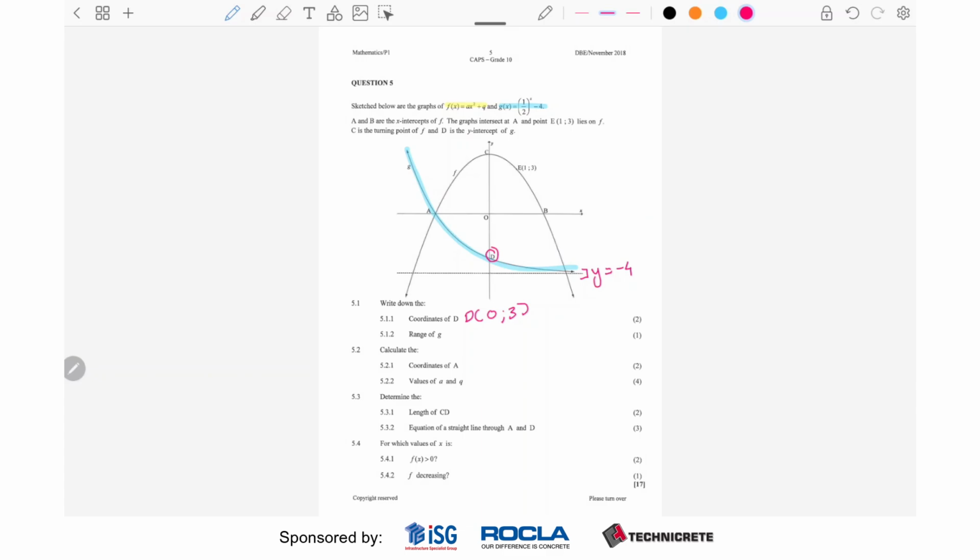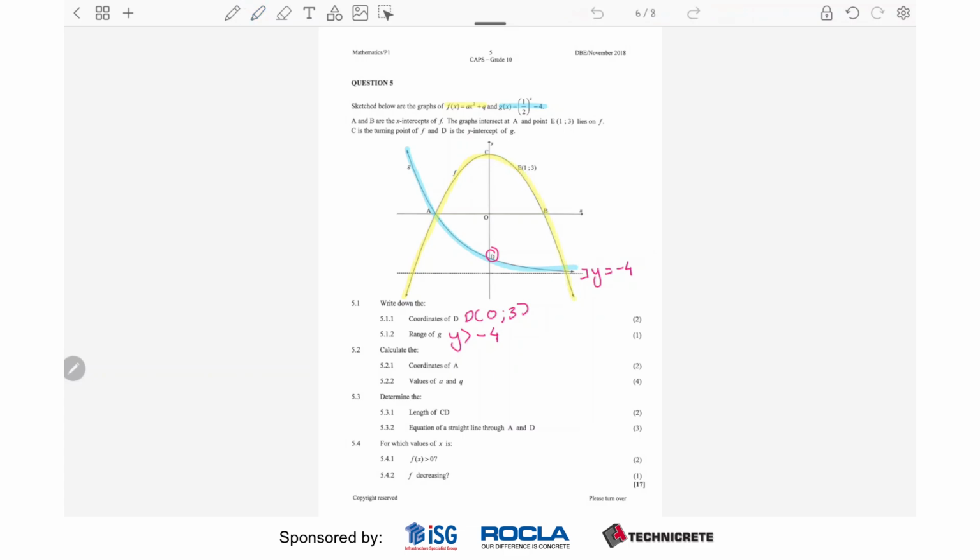Therefore, g is true for all values of y that are more than -4, which means we will write it like this. That's that. Now, sorry, I erased my yellow graph.